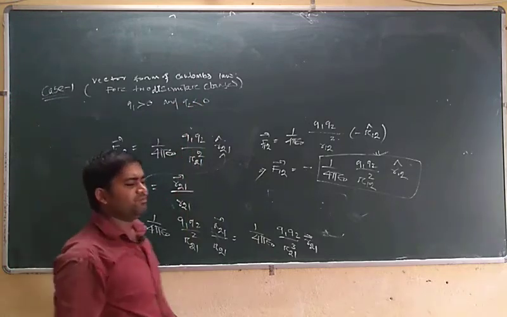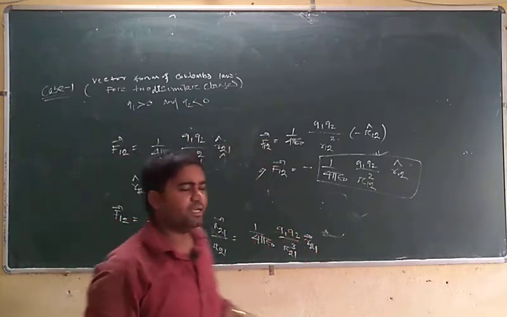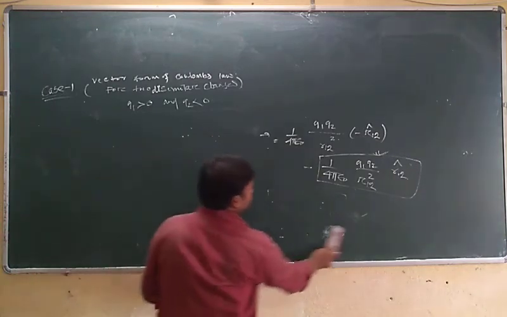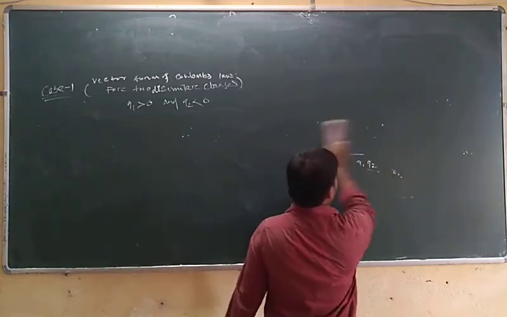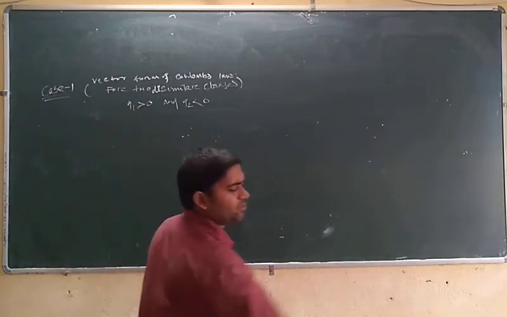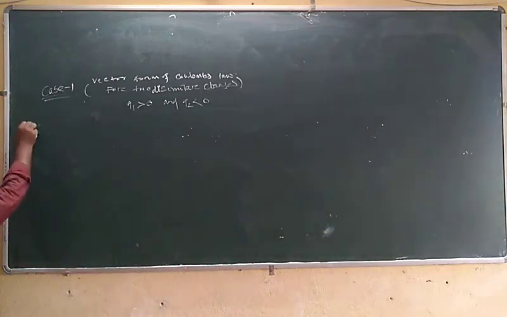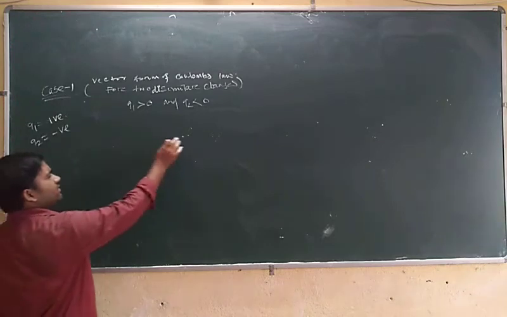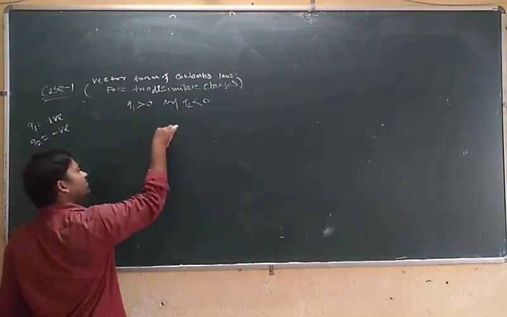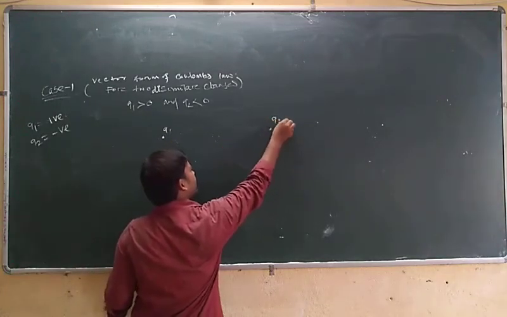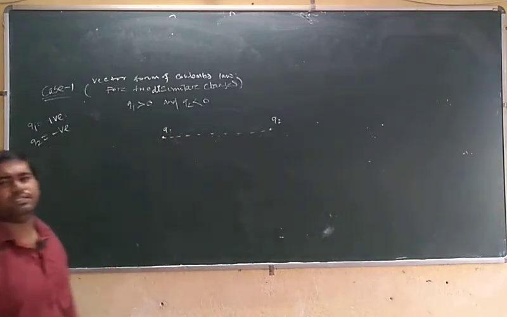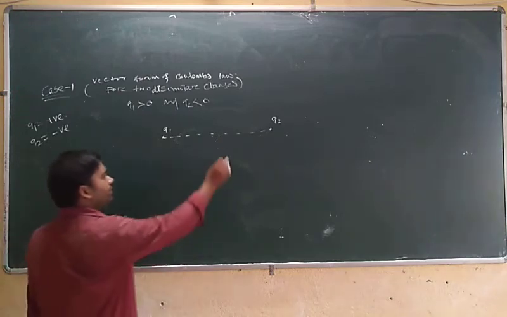Suppose q1 is greater than 0, meaning it is the positive charge, and q2 is less than 0, meaning it is the negative charge. So q1 is positive and q2 is negative, and there will also be a change in the direction of the force.